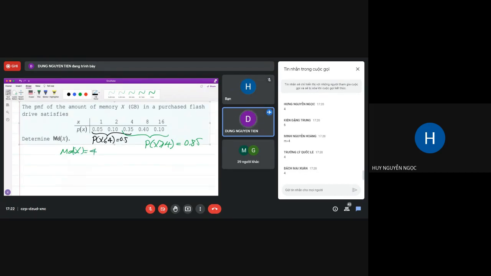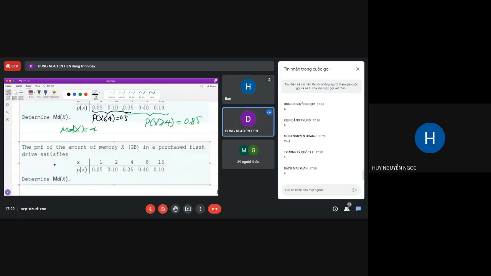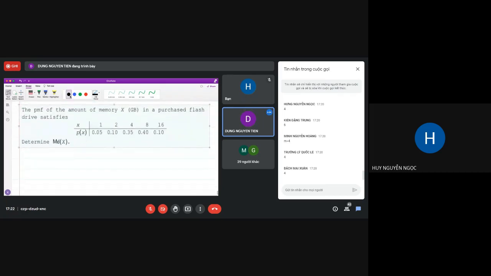Besides, I can also say that the probability that x is less than or equal to 8, what do you get?